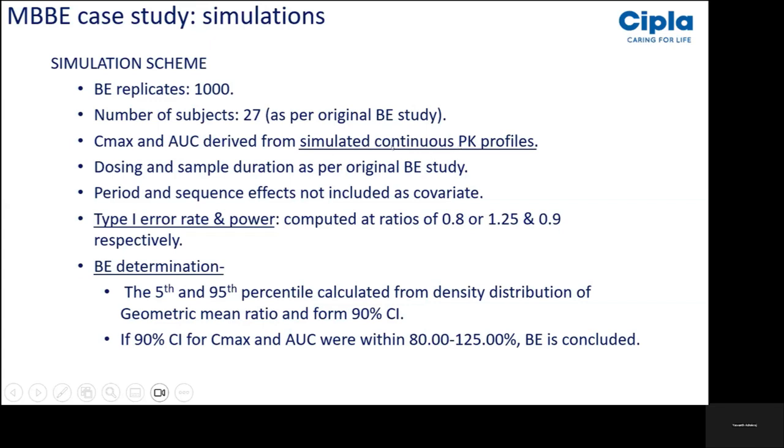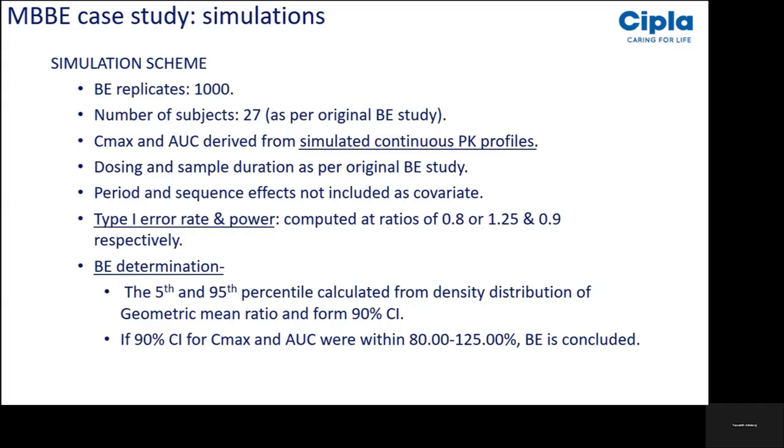This is the recommendation. Otherwise, in the NCA analysis, we pick up only the Cmax points from the observed profiles. Dosing and sample durations were as per the original BE study, and period and sequence effect were not included as covariates.